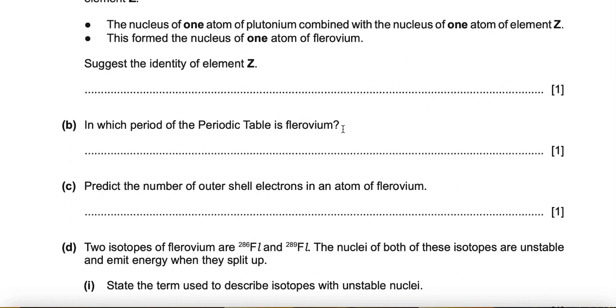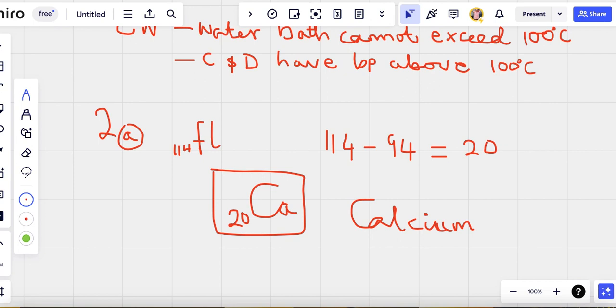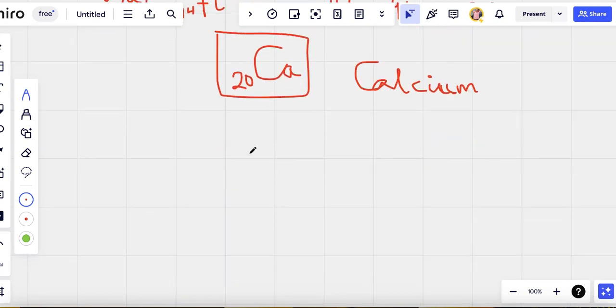So you can do the mathematics. The atomic number is 114, so the number of electrons is 114. The first shell will be 2. The second shell is 8. The third shell is 8, the next shell is 8, and then 8.